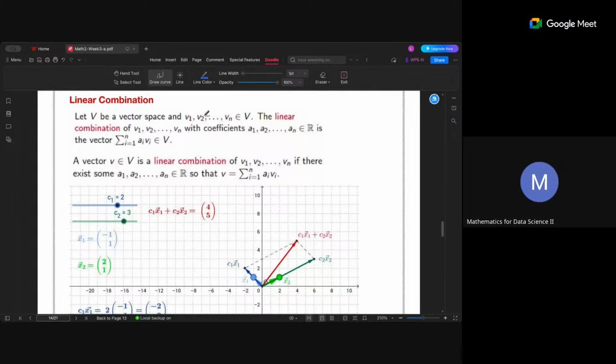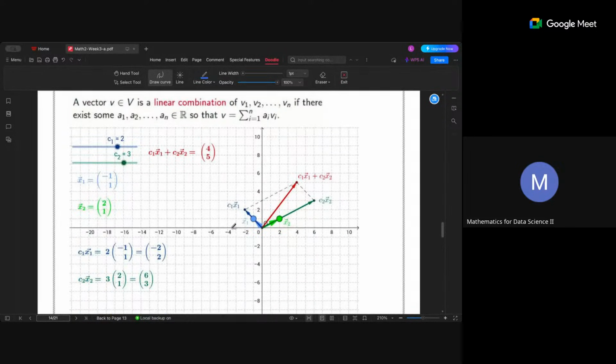If you have a set of vectors v1, v2, ..., vn, the linear combination is the summation for i equal to 1 to n of ai vi, so a1 v1 plus a2 v2 plus ... plus an vn. So this is a linear combination of v1, v2, ..., vn.